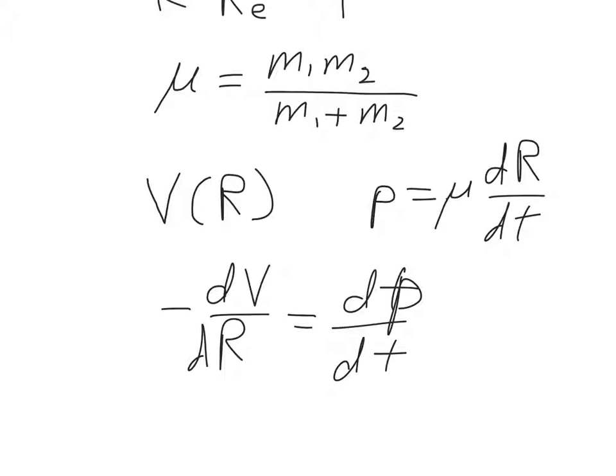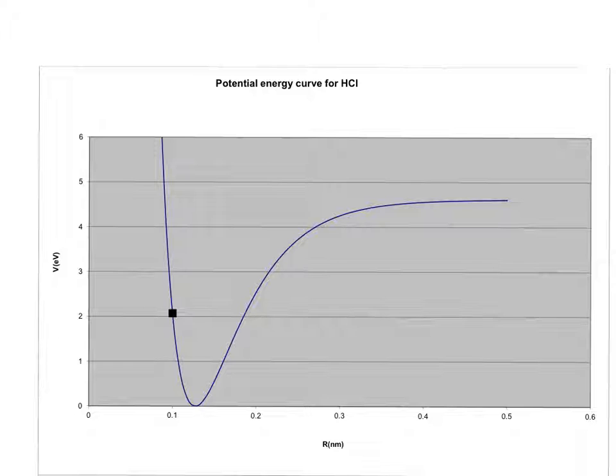Okay, so now we'll look at a typical potential energy function for a diatomic molecule. Here's the potential energy function for the HCl molecule. A little bit of interpretation of this. So first of all, we see that as we push the nuclei together and have R go to 0, the potential energy function goes to infinity.